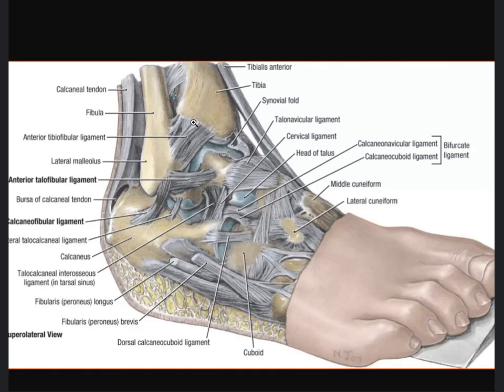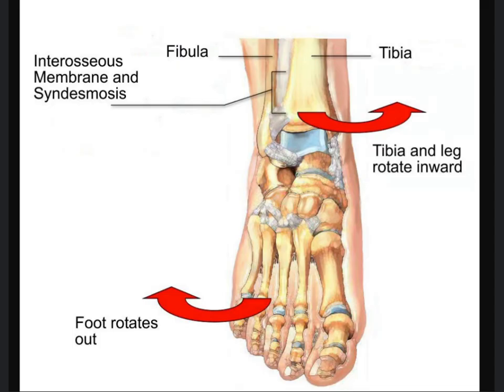area. He also had increasing pain with dorsiflexion of his ankle, as well as dorsiflexion and external rotation, which oftentimes can stress this joint itself. So again, the mechanism of injury for these high ankle sprains is usually that the foot rotates outward, so this forced external rotation with internal rotation of the tibia.